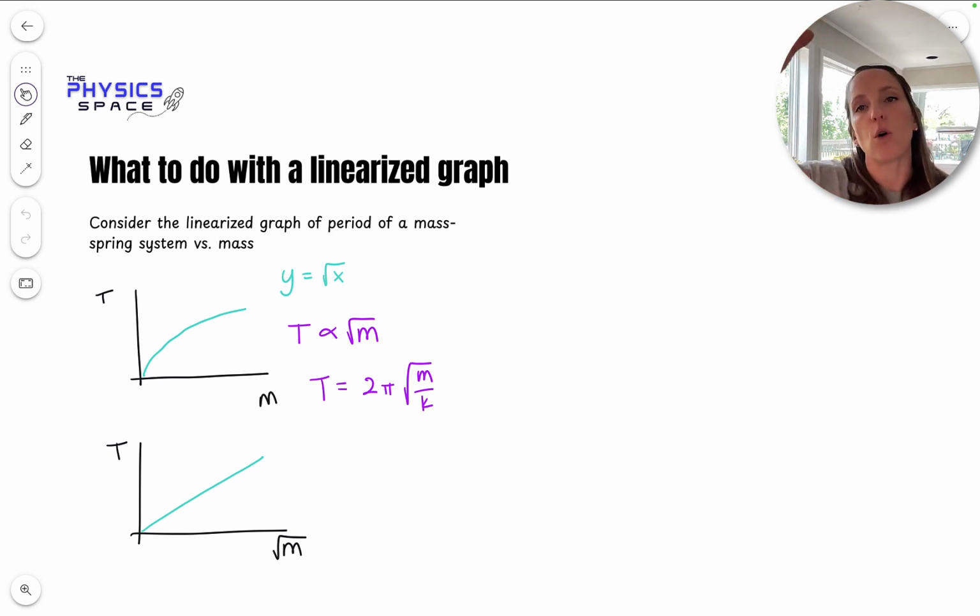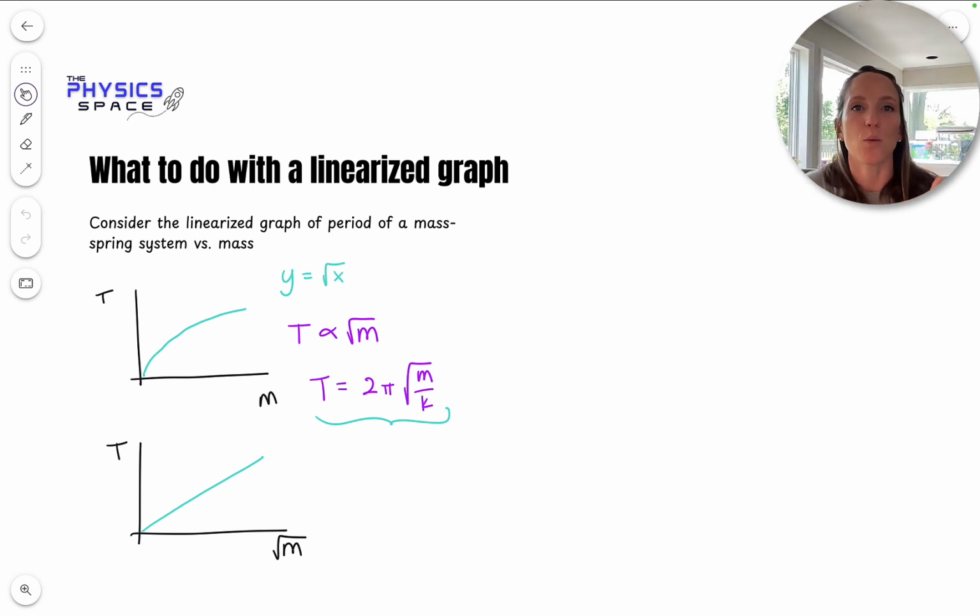And if you have a whole data table that you've used to graph multiple points, you don't want to just use this equation, pick one of your masses and one of the periods, plug it in and solve for k. You don't want to do that. Instead, you want to use all of your data to come up with this value.